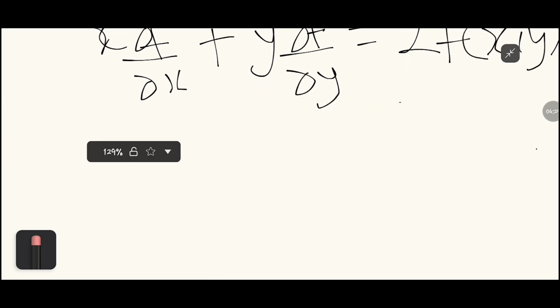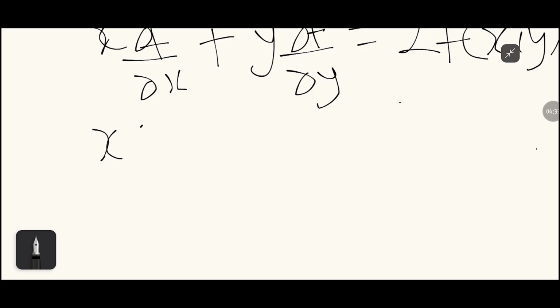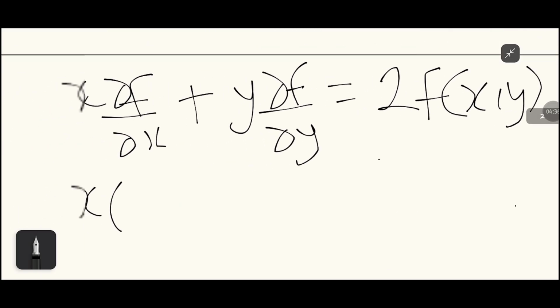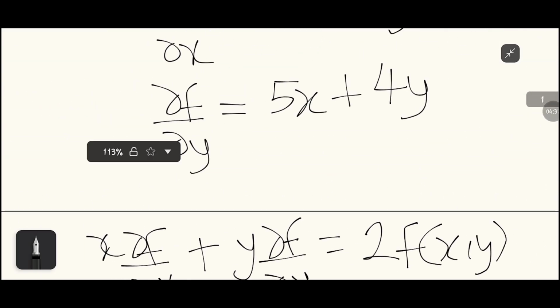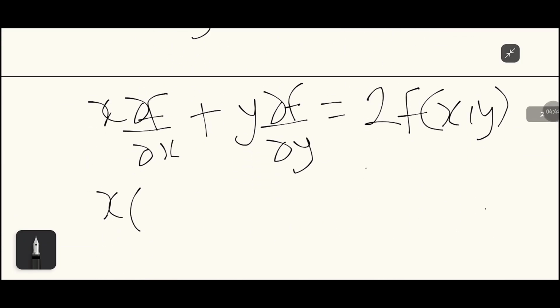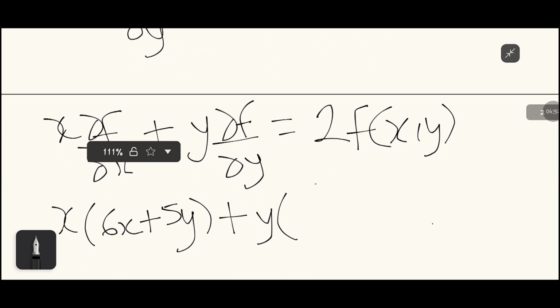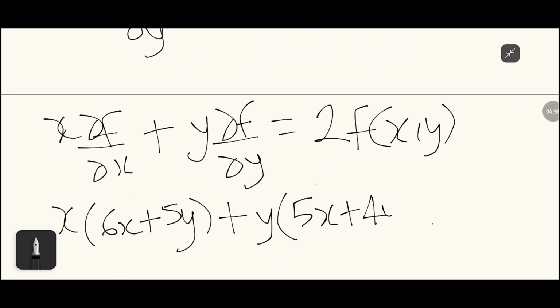Now, we have x times our ∂f/∂x, which is 6x + 5y, plus y times our ∂f/∂y, which is 5x + 4y.